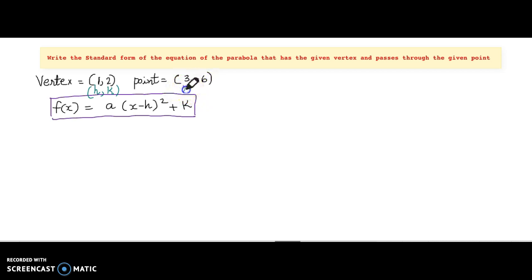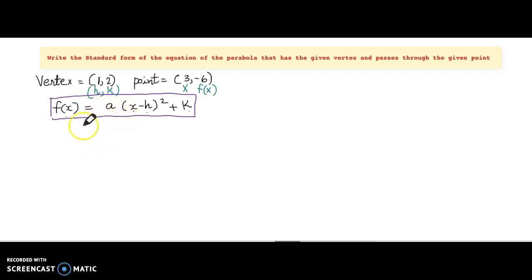So I'm going to put this as x, and instead of calling this y, I'm going to call this f(x). So we can identify everything here. We know what h is, we know what k is, we know what f(x) is, we know what x is. So we're going to put that all back into this formula and solve for a, and in the end we're going to write out the formula.